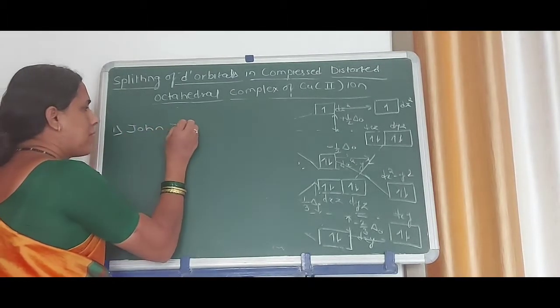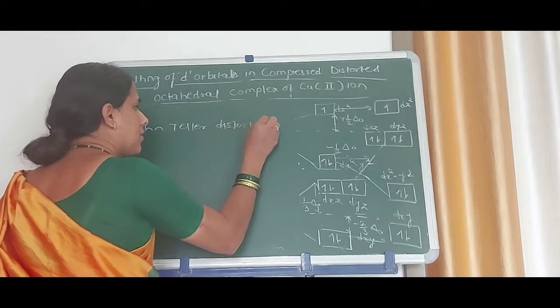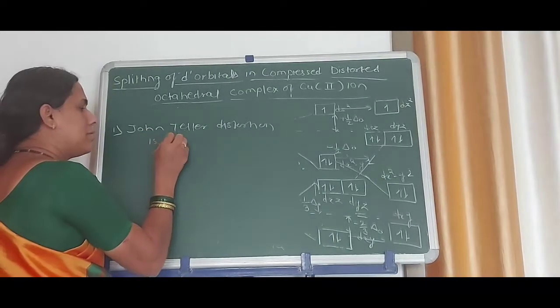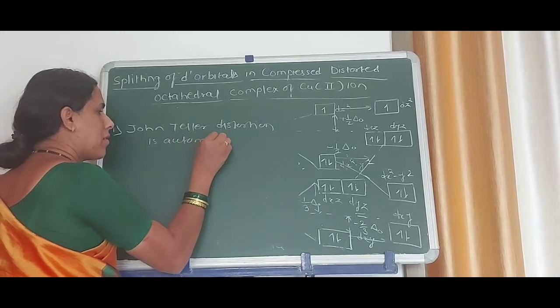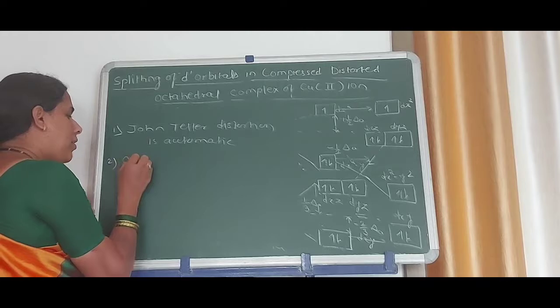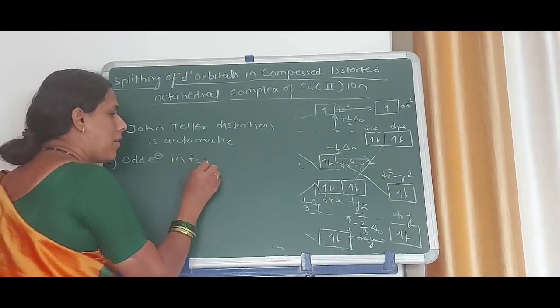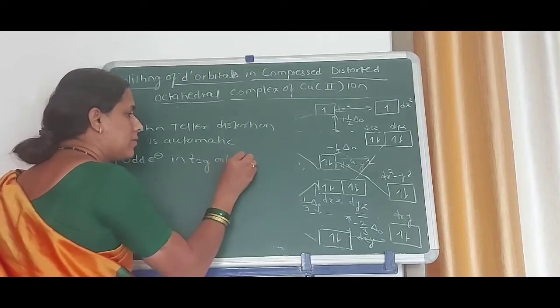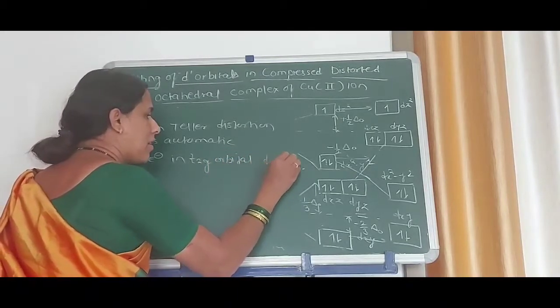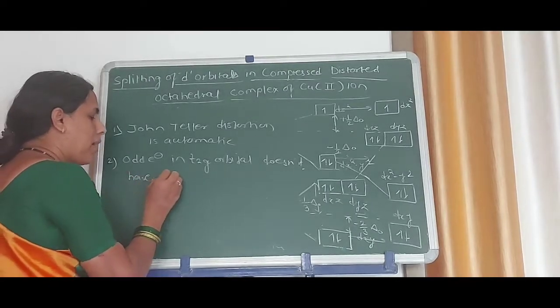Jahn-Teller distortion is atomic. Second, odd electrons in T2g orbital don't have any effect.